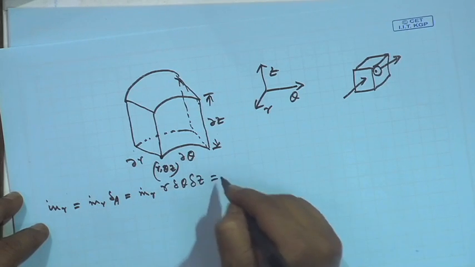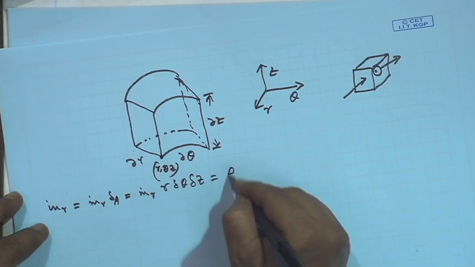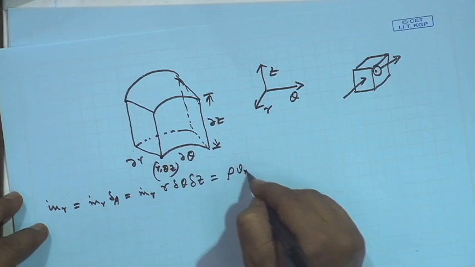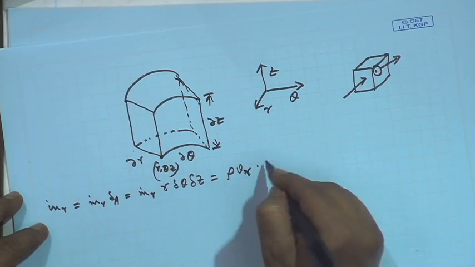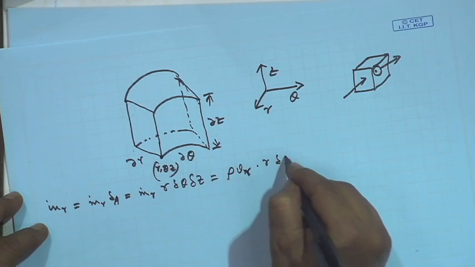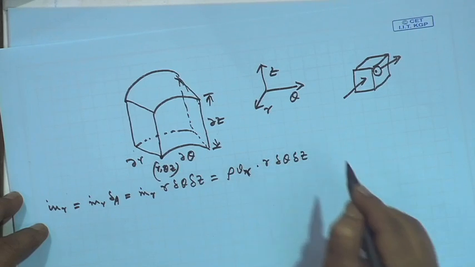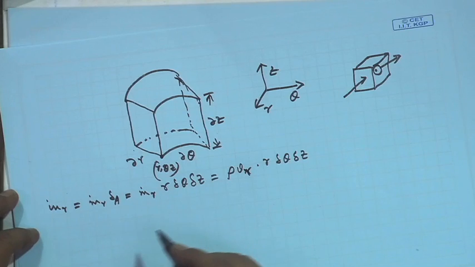Now m dot r was rho V r into r del theta del z. So this was in.